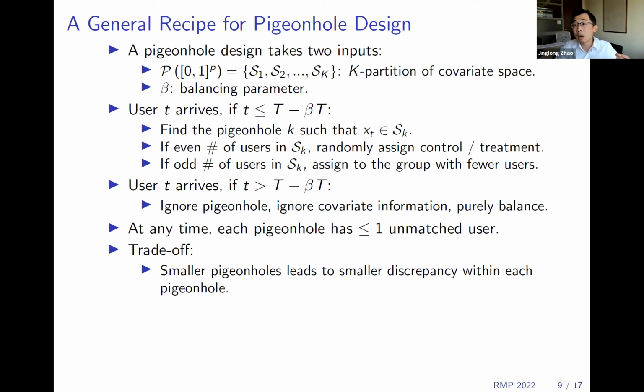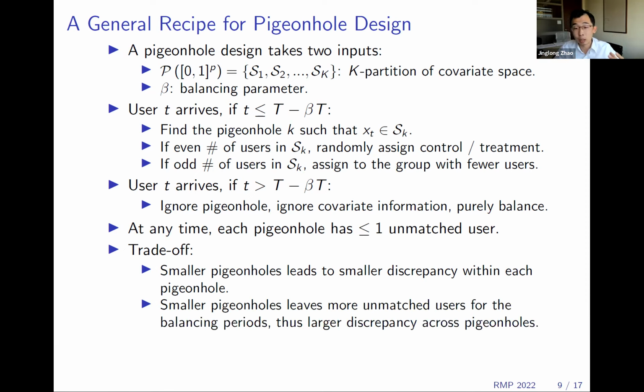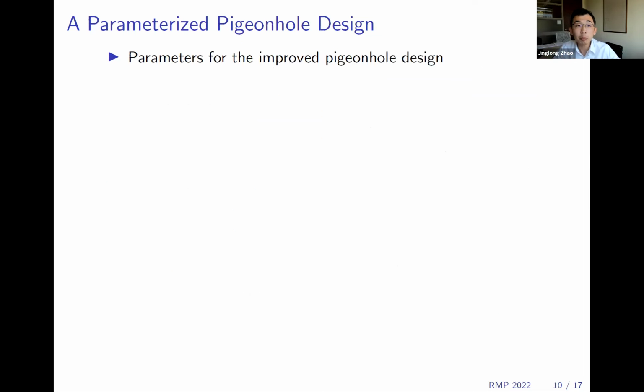But if there are many unmatched users from so many pigeonholes, then this is going to lead to pairing or matching across pigeonholes, which is likely going to give you a large discrepancy. So there's a trade-off between designing smaller versus larger pigeonholes.